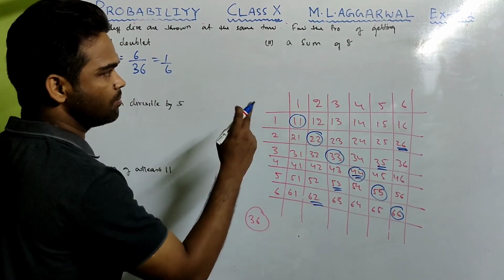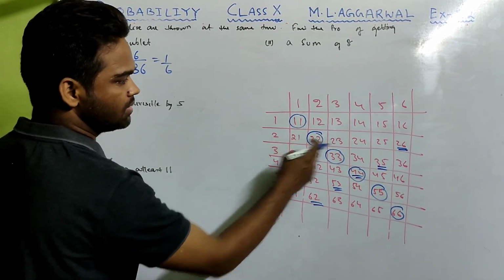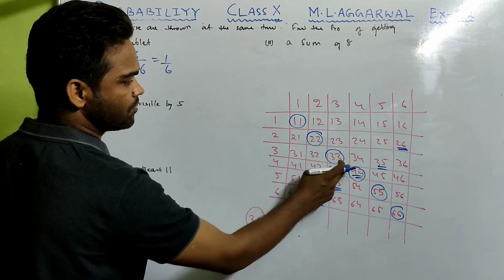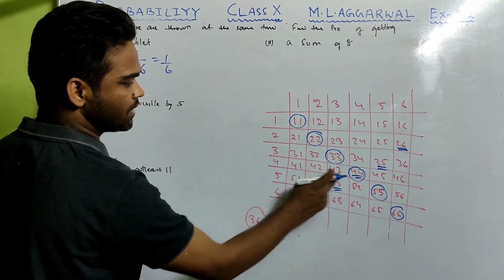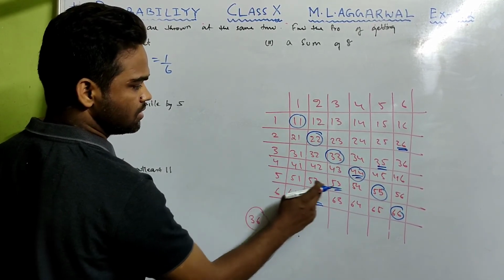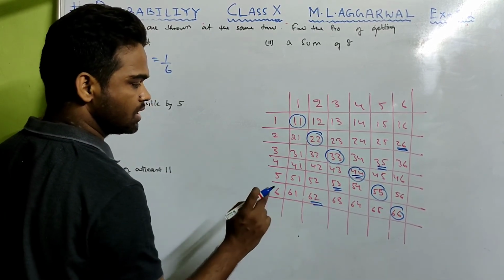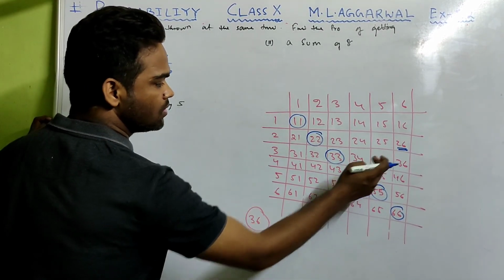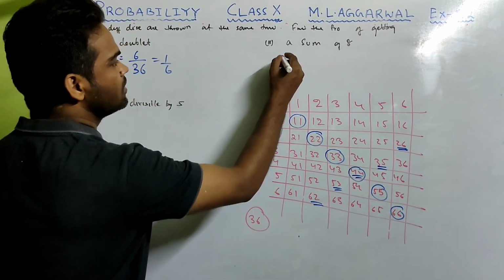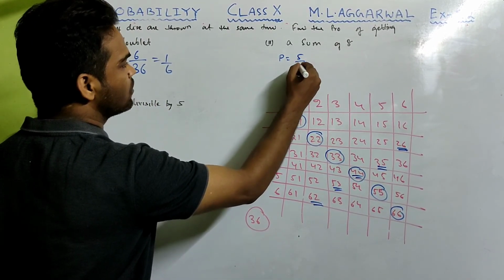Anything else? Not in this line. 6 plus 2, 8. 5 plus 3, 8. 4 plus 4, 8. So how many? 1, 2, 3, 4, 5. So 5 out of 36.